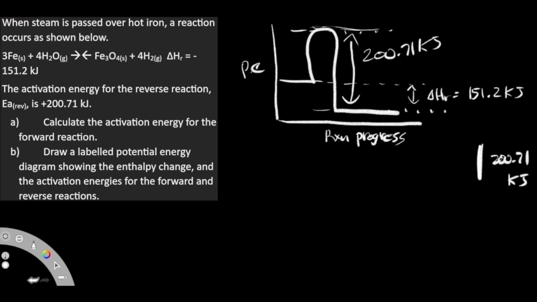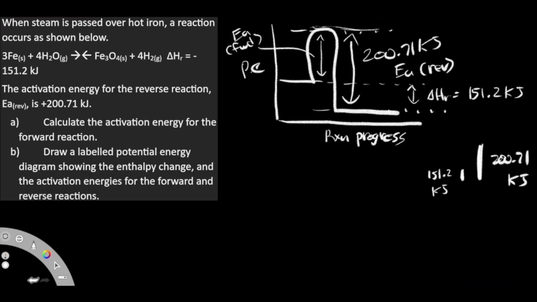And then we have to eventually find the activation energy of the forward reaction. So we have to now find this one over here, because this here is the activation energy of the reverse reaction. This one over here, we need to find the activation energy of the forward reaction. Right over here, the difference between this product line and this one over here is 151.2 kilojoules.